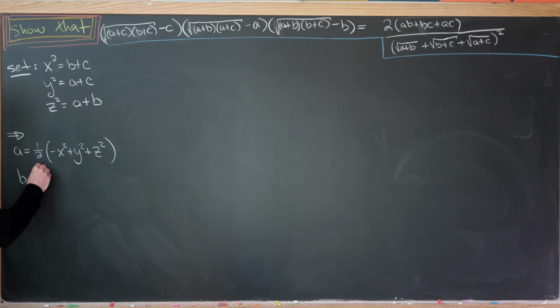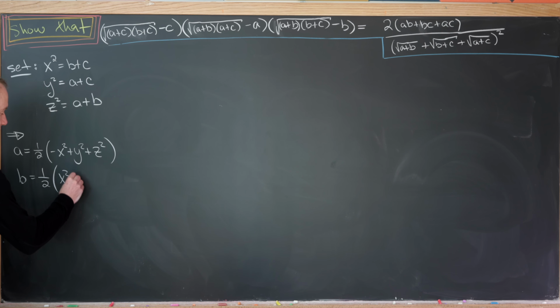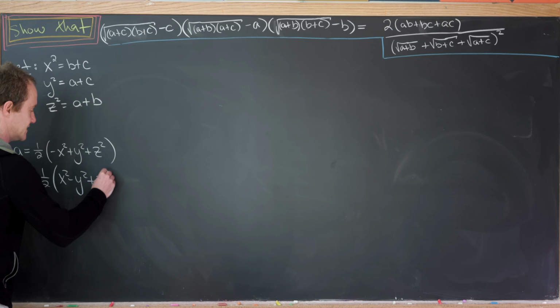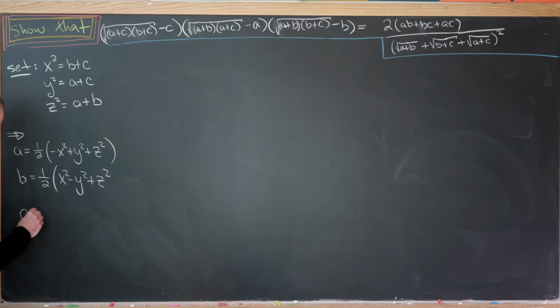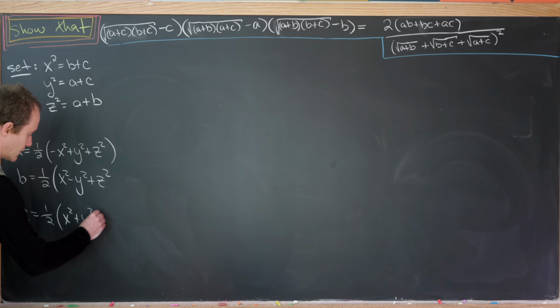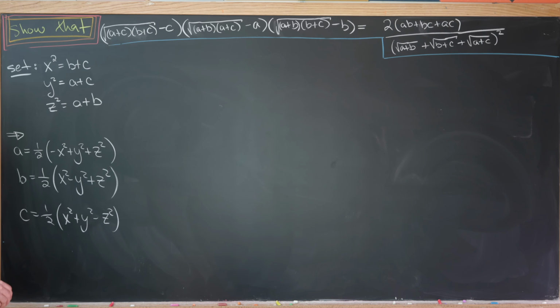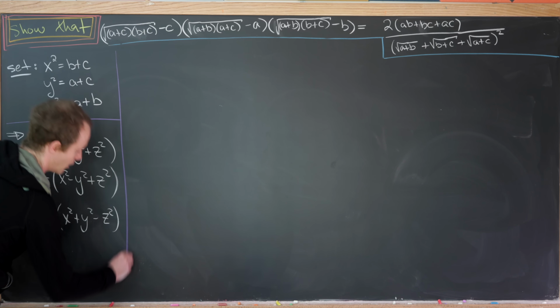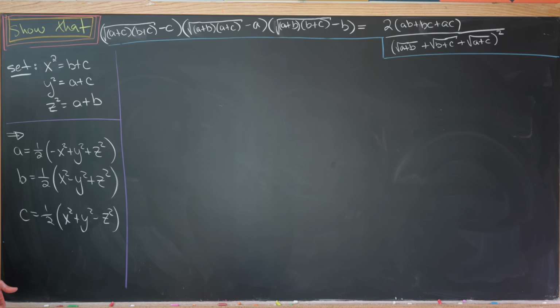And then we'll have b is equal to 1/2 times the quantity x squared minus y squared plus z squared. And likewise, we'll have c is equal to 1/2 times the quantity x squared plus y squared minus z squared. Like I said, this is just from inverting this substitution that we've just made. Okay, so now let's keep that in mind.